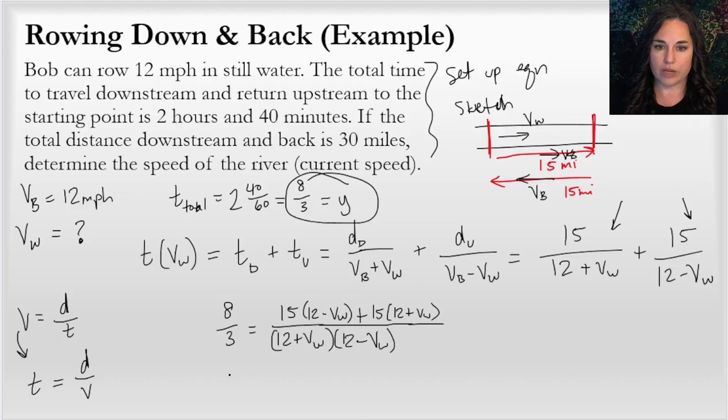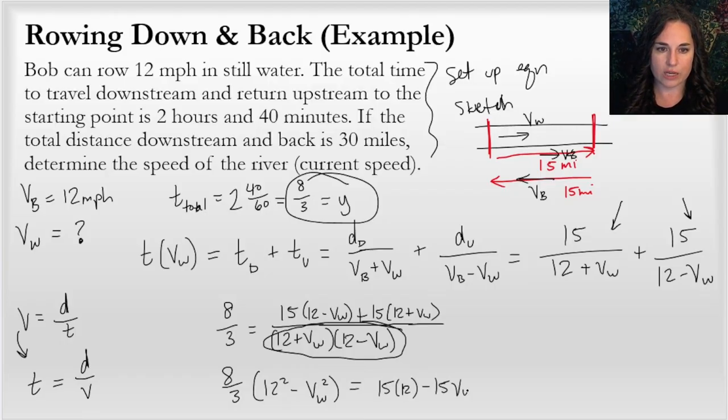Okay, I'm going to keep simplifying. 8/3 equals, actually I'm going to bring over this stuff. I'm going to multiply both sides by that, and I'm going to notice that it's 12 squared minus the velocity of the water squared. And that has to equal 15 times 12 minus 15 times the velocity of the water, plus 15 times 12 plus 15 times the velocity of the water.